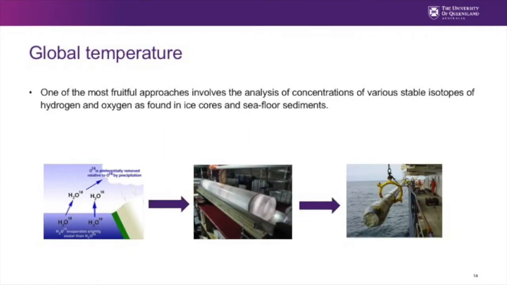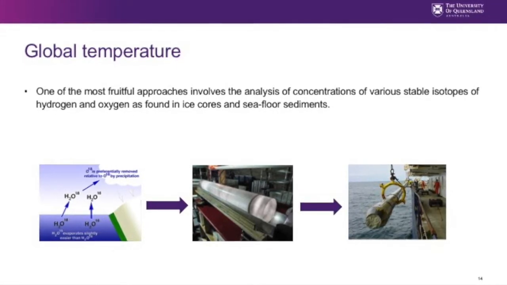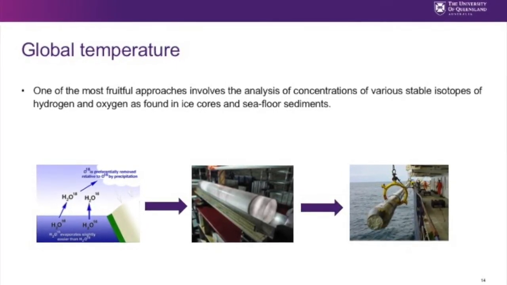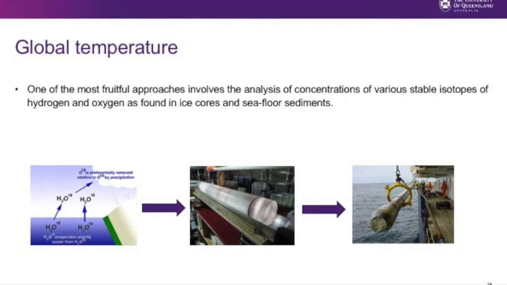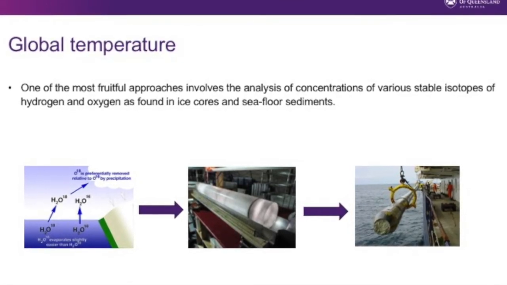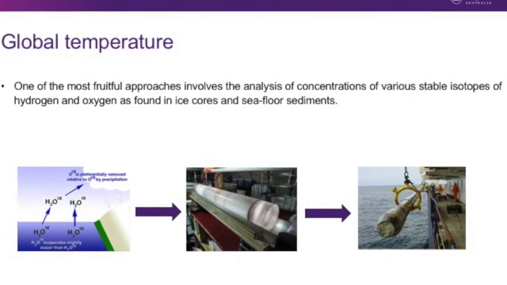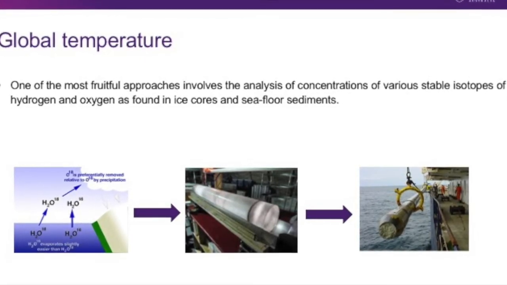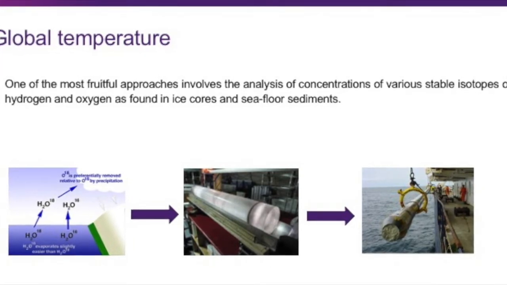But two of the most important measurements that have allowed us to understand long-term temperature variations are the measurement of the ice cores and seafloor sediments. To be more precise, isotopes of hydrogen and oxygen in these materials. And briefly, I'm just going to explain how it works.